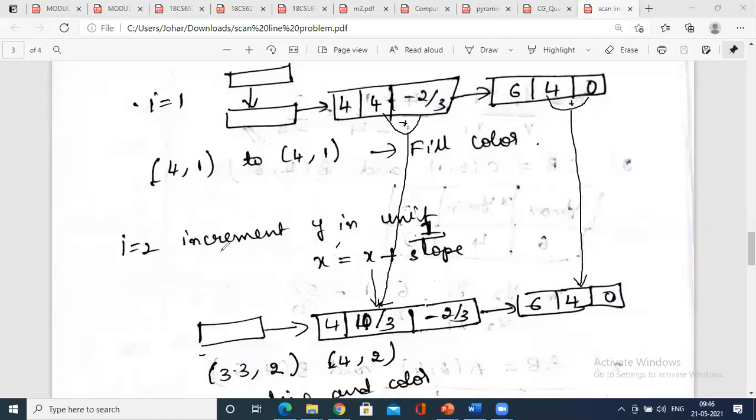Now I equals 2, increment y in unit interval. So y is incremented in unit interval. This itself is a y value. Now I need to write the intercepts like this, 4 to 4. So from this, how do you write it? The y value is common, no? 2 is common. What about the x value? How do you take the x value? 10 by 3.